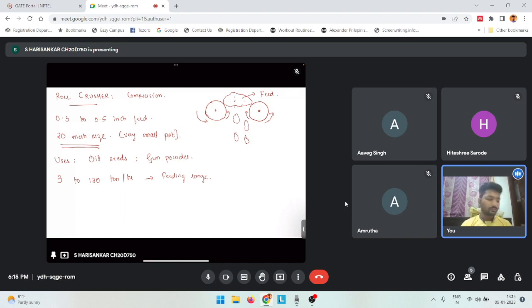Now there is something we should know about this roll crusher, and that is called the angle of nip.